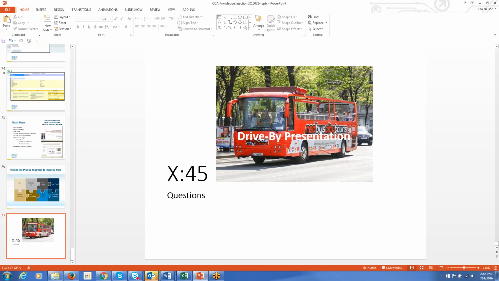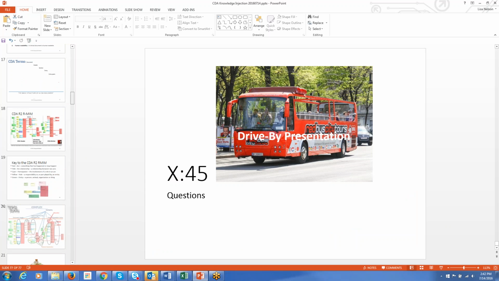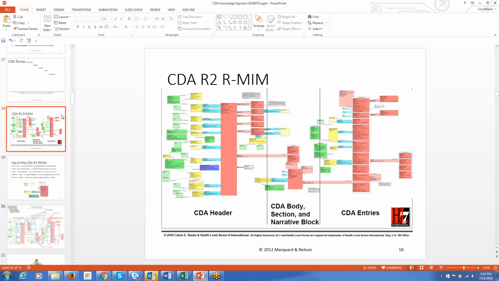Yes, it's a really, really good question. It takes me back to the comment that I made about the header having this related document pointer in it right here.